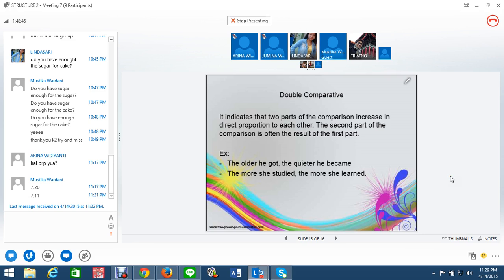The more diligent he studies, the more he learns. Atau the more he studies, the more he learns. Atau the more diligent he studies, the more he learns. It can be.